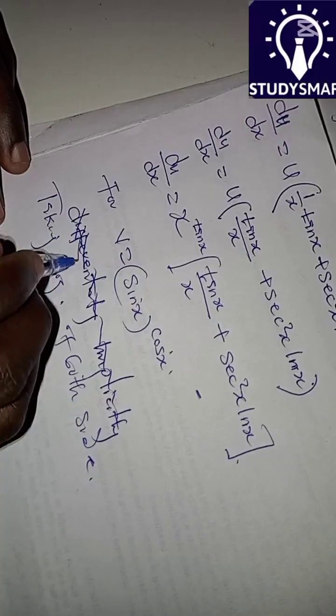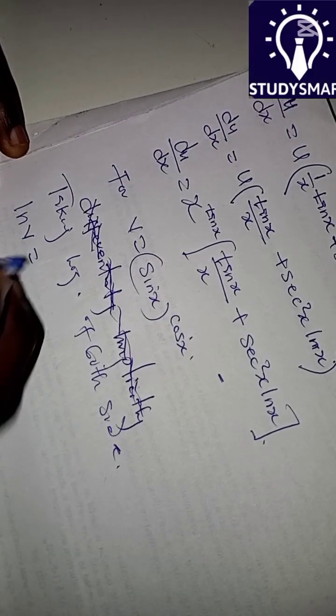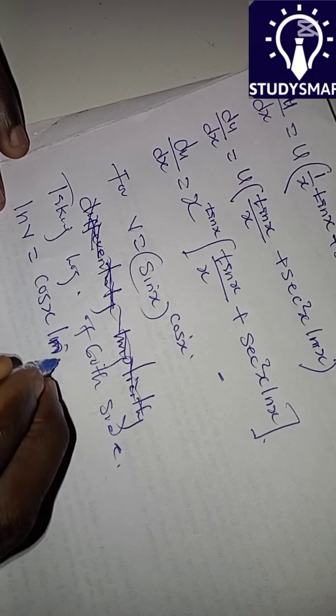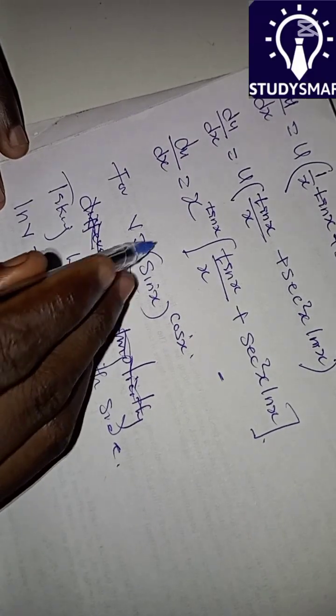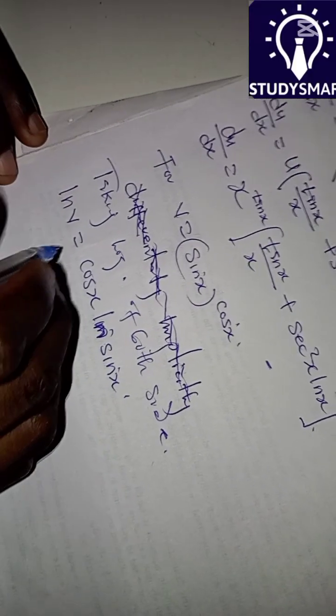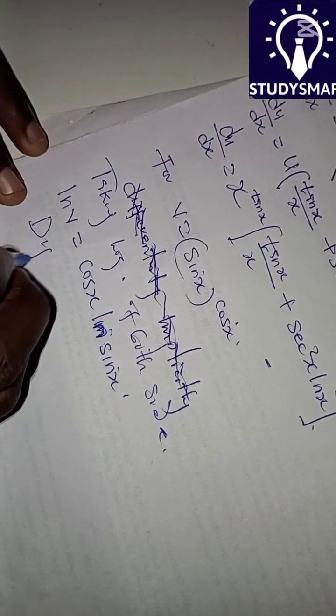So I'll have ln v equal to cos x ln sin x. If I take the natural log here, the power multiplies the whole expression. Then from this point, I will differentiate implicitly.